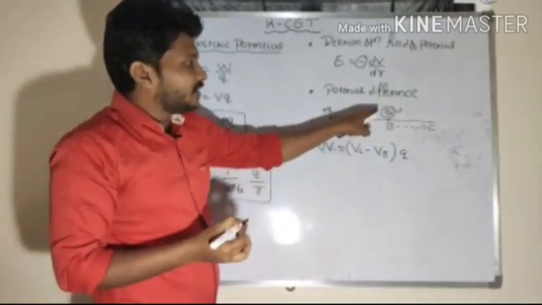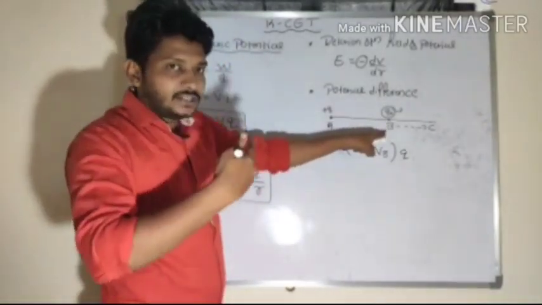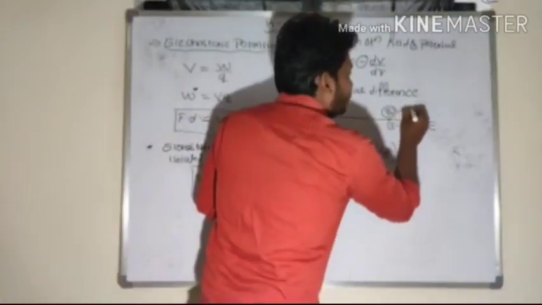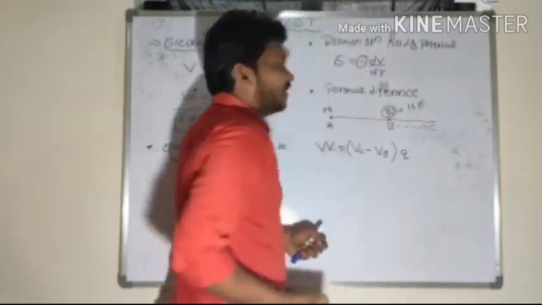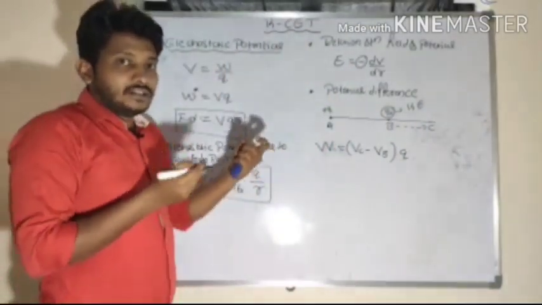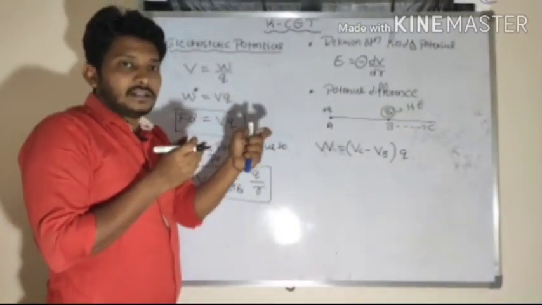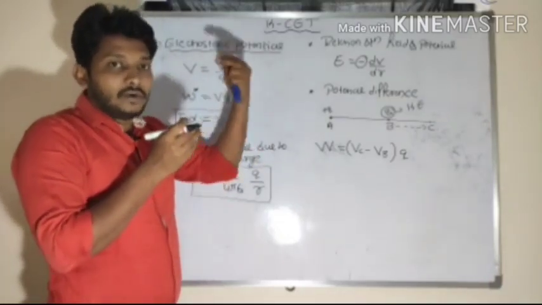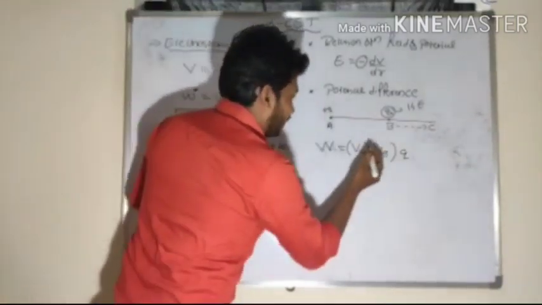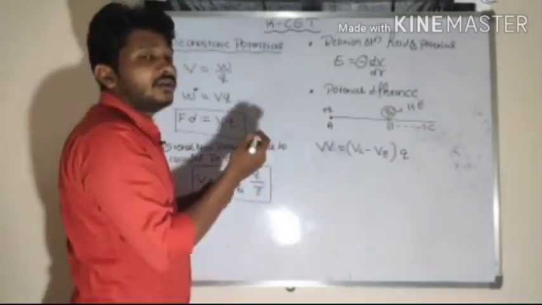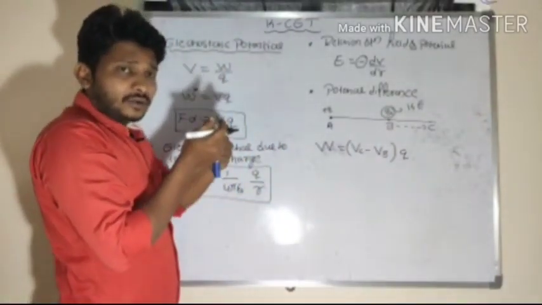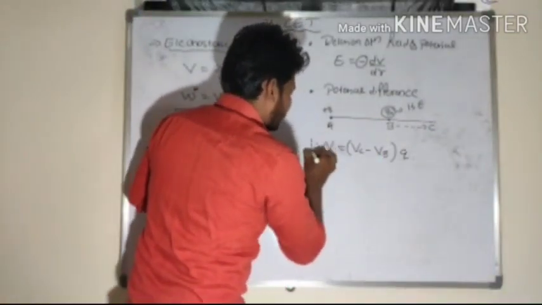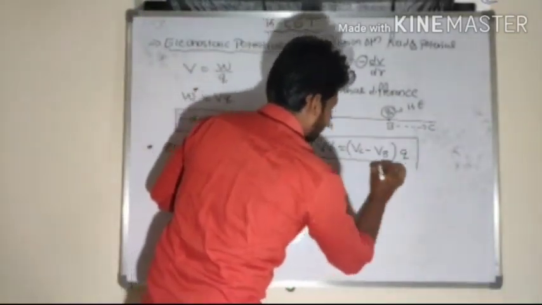So this charge Q naught acquires a kinetic energy. Then, the work energy theorem from first PU: it suggests that work done is equal to change in kinetic energy. I want to give the relation between electrostatic potential and kinetic energy. So this is about potential difference.